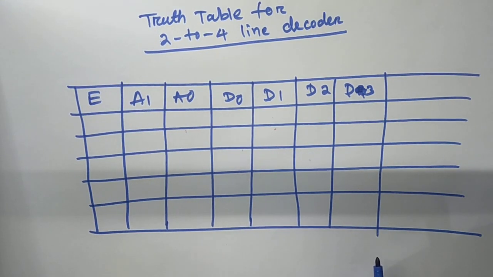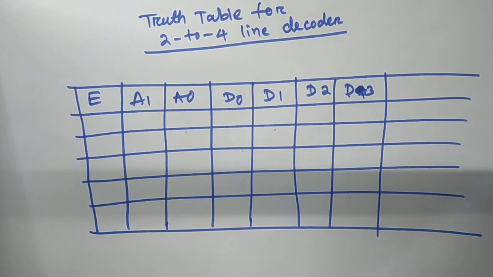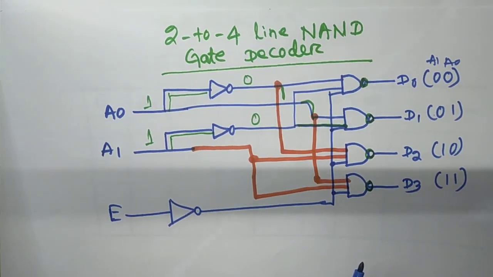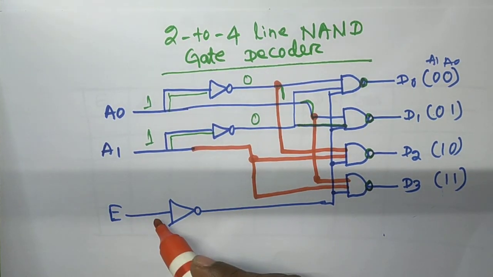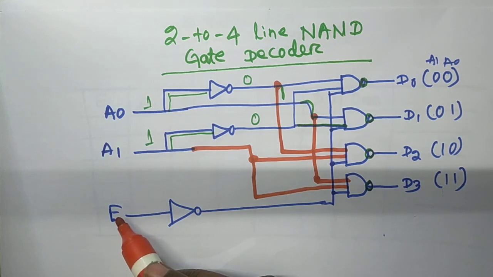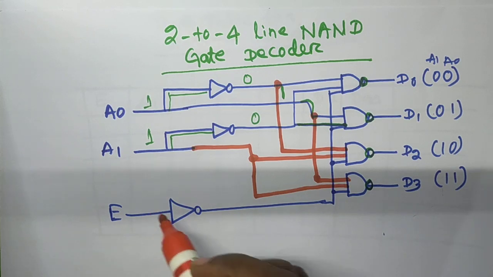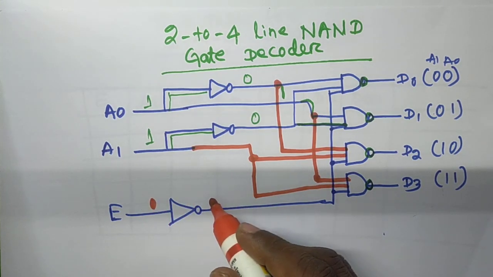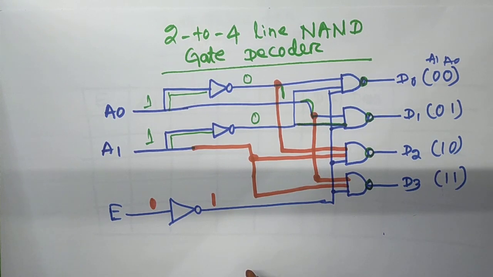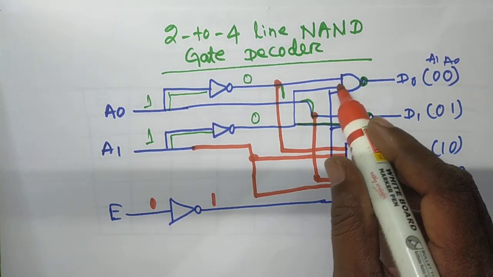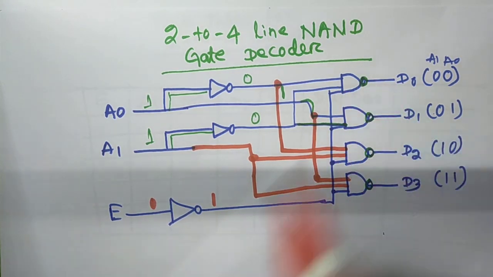Okay, now we see if we go through enable, you see very simple way. If we provide 0, enable having this inverter, output will be here 1. Okay, that means whenever 0 is provided, output is 1 and it will enable, which NAND gate will activate.